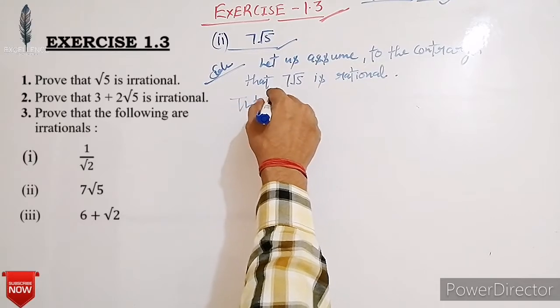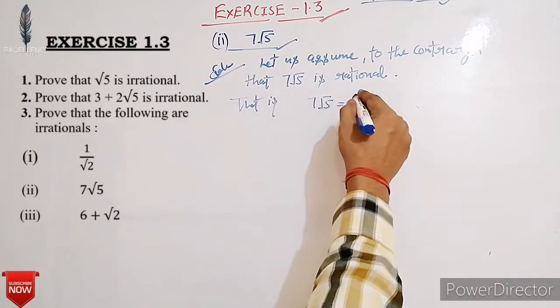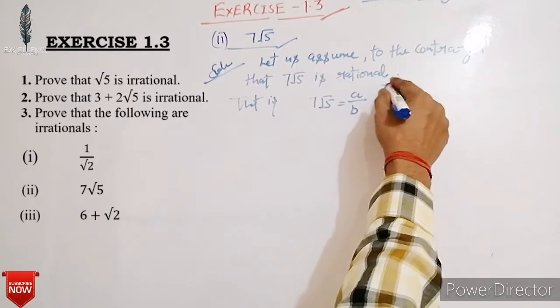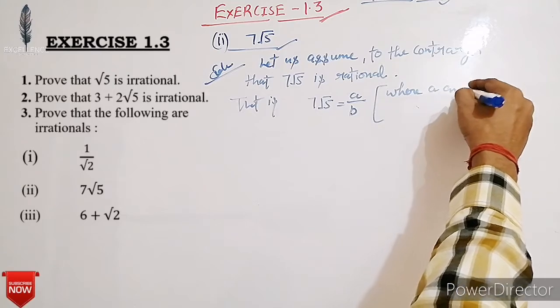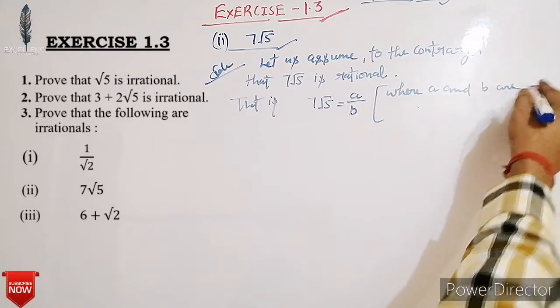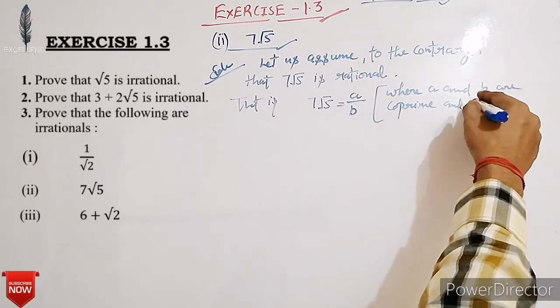That is, 7√5 equals a/b, where a and b are co-prime and b does not equal 0.